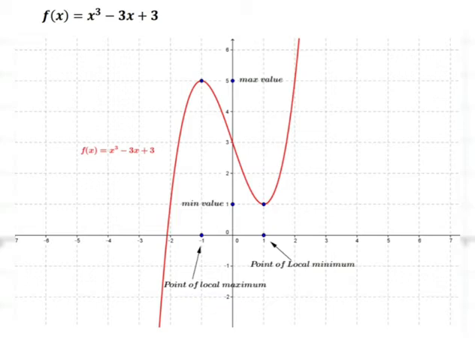Now, before we proceed further, let us observe the nature of the graph at values closer to minus 1 and at values closer to 1. Because we are using the first order derivative, we need all this information.